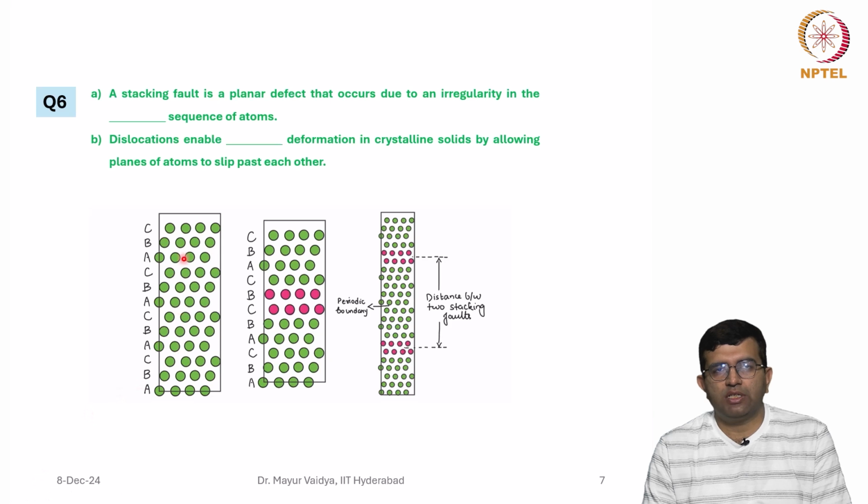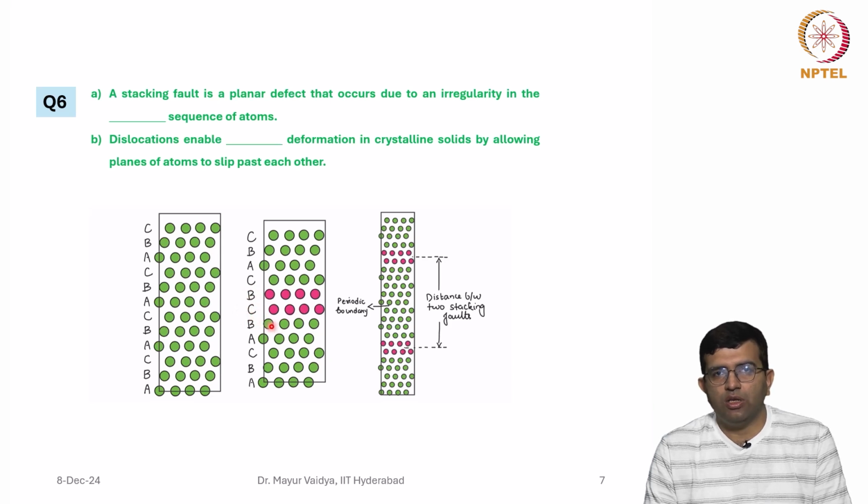For example, one of the stacking sequences possible in FCC is ABC, ABC, and in the reverse direction CBA, CBA, and so on. When there is a stacking fault, displayed here in the pink colored atoms, instead of A there is again a C layer being repeated. So here this is a stacking fault.